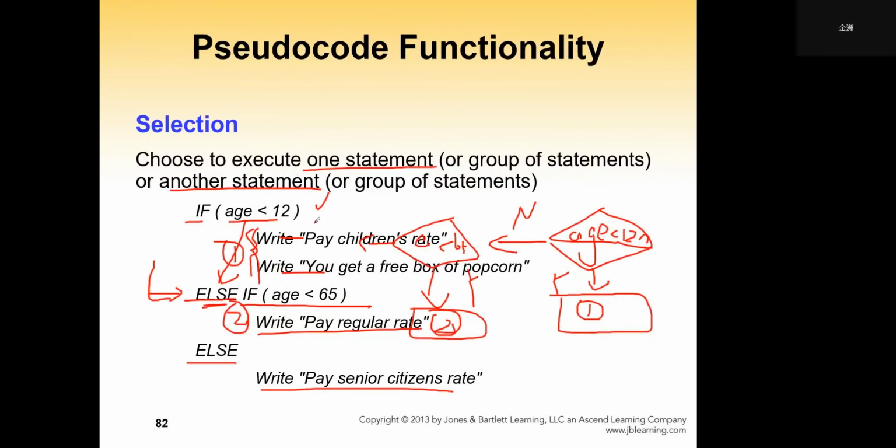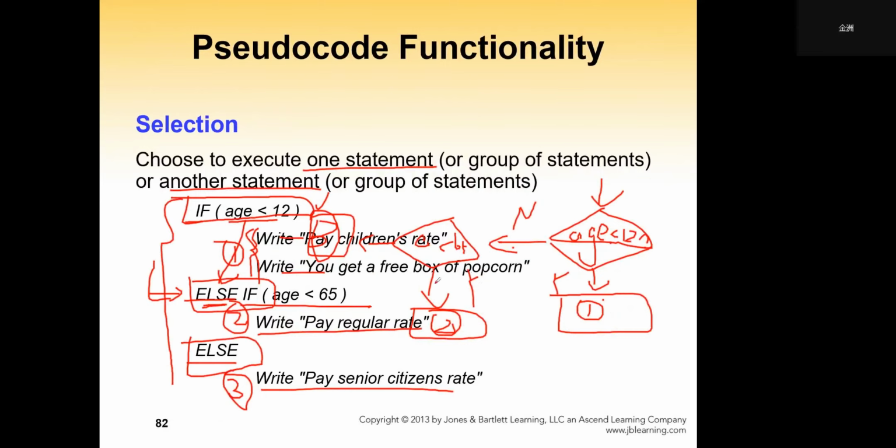Otherwise, it goes to the third process. So you will have a flow chart like this, and each time you just follow this flow chart: whether it is smaller than 12, if yes go here, if no go here, so that you just verify different conditions to go to different branches. So this is the pseudocode for the selection. We use a format like if and a condition, and else if and else for this representation.